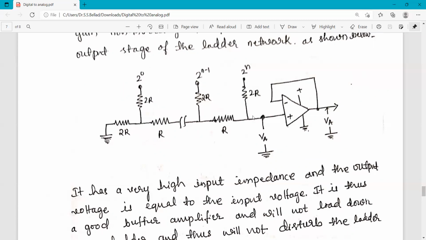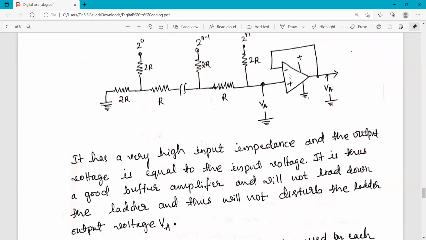So you can see here, this is the ladder network. At the output of this ladder network, this unity gain non-inverting op-amp is used. Unity gain means the gain of this op-amp will be 1, so that input is equal to output. That is why VA is the input here, and the same VA comes out of this amplifier.